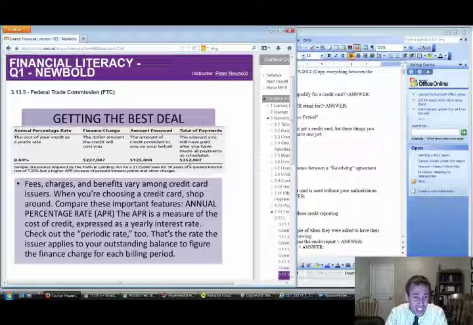Is that not ridiculous? Wow. Finance charge: the dollar amount the credit will cost you. Yeah, it's the difference between those two, right? That's a lot. You borrowed $125,000, but then you end up paying $227 in addition for that total amount. That's crazy.